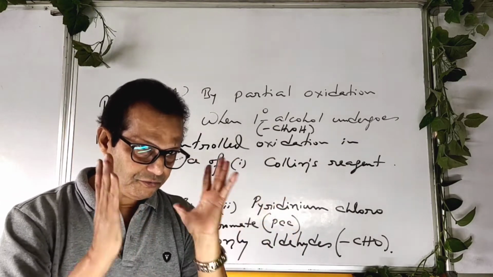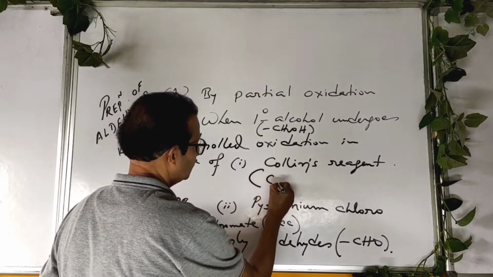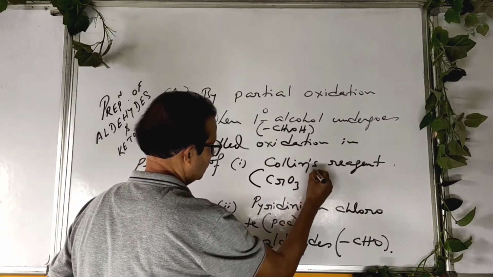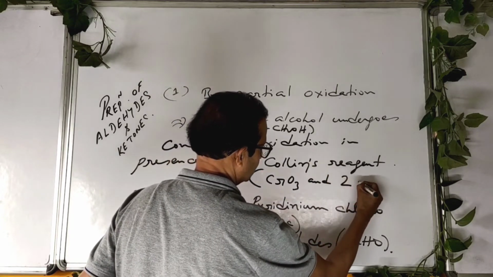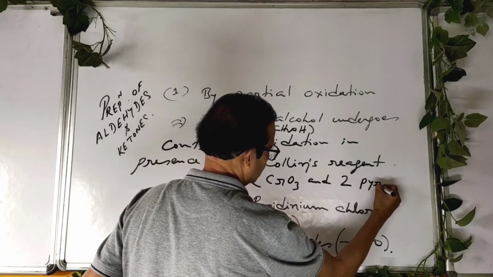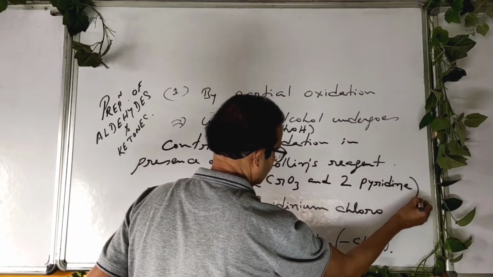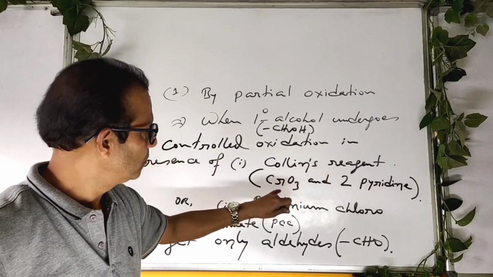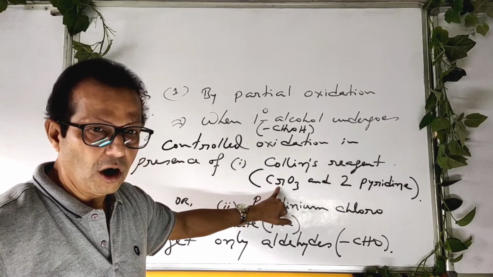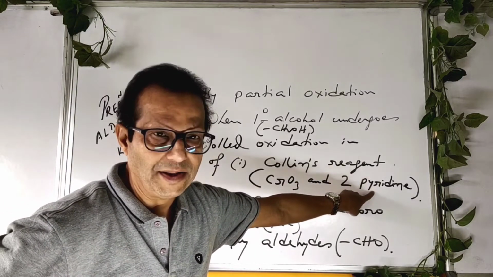So what are Collins reagent and PCC? How to remember it? Follow the technique. Collins reagent is a mixture of 1 mole of chromic oxide and 2 molecules of pyridine.